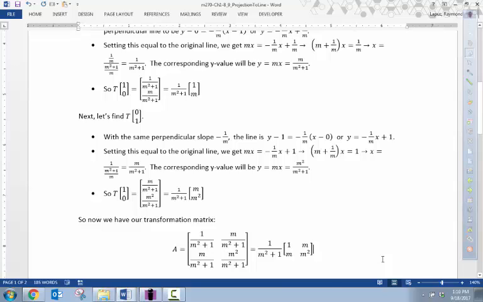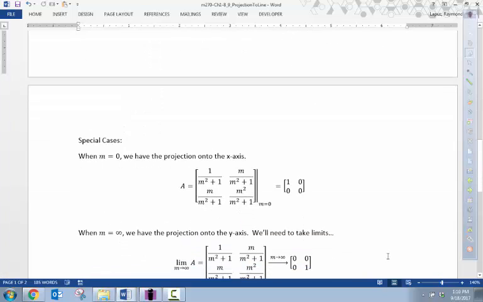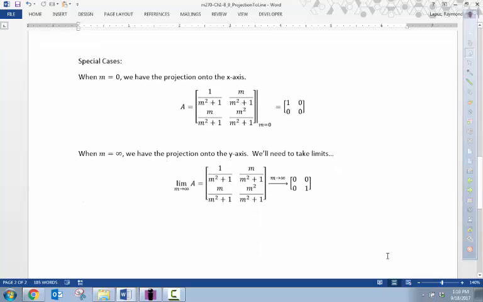All right, so beyond this, there's a couple of special cases. There's that horizontal line, the x-axis, and then a vertical line. Let's see what happens to those, because they do talk about that in the book also. A projection just onto the x-axis means that everything gets wiped out and goes directly down, perpendicular.